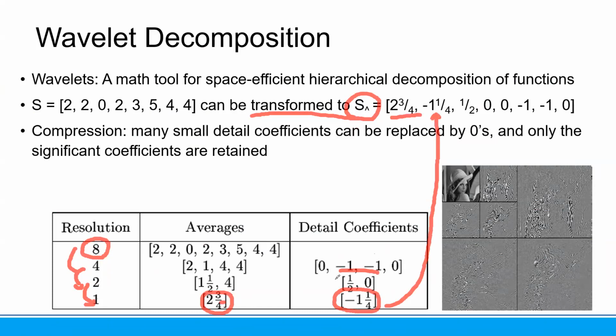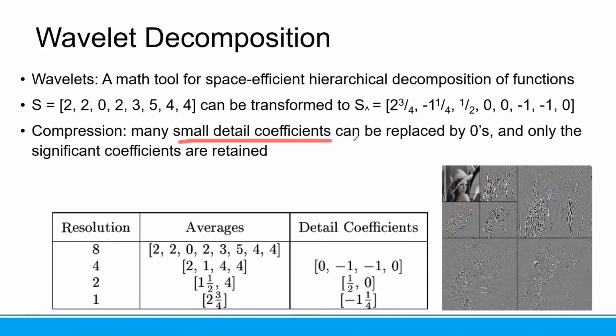Then I have half and 0 here, and then 0, minus 1, minus 1, 0 here, because this is the transform from the wavelet. Compression means we have many small detail coefficients that can be replaced by 0, and only the significant coefficients are retained.